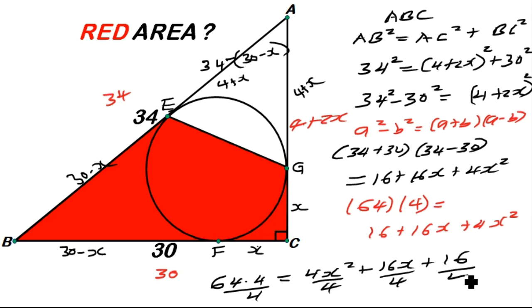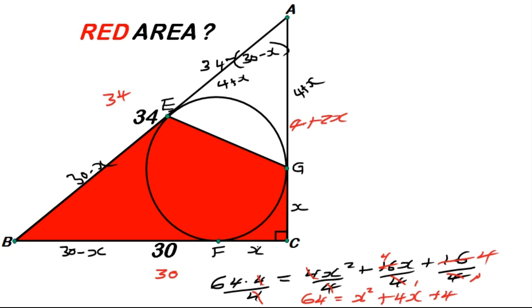This 4 will go with that 4. 4 will go here 4 times, 4 will go here once, 4 will go here 4 times. So we'll remain with 64 equal to x squared plus 4x plus 4. So we found 64 to be equal to x squared plus 4x plus 4.